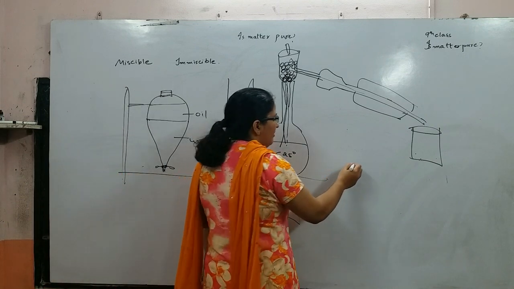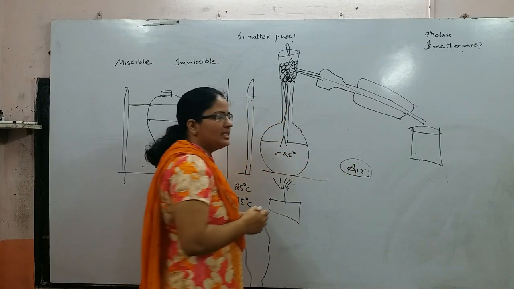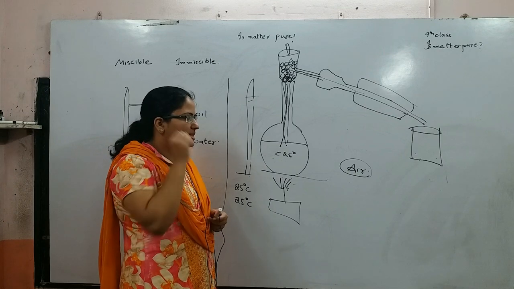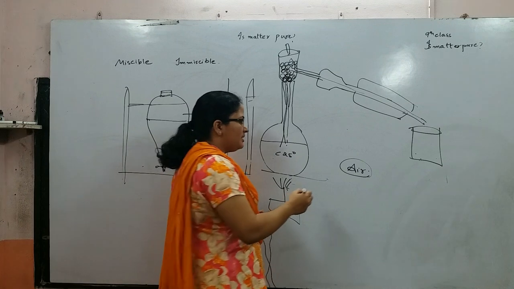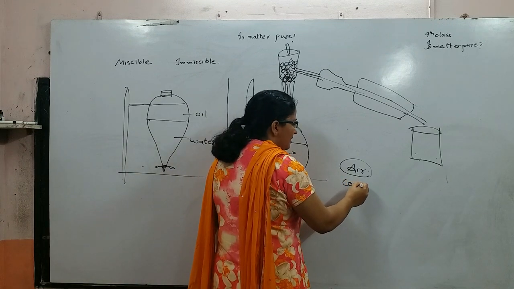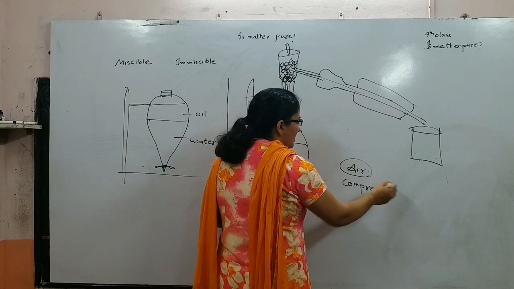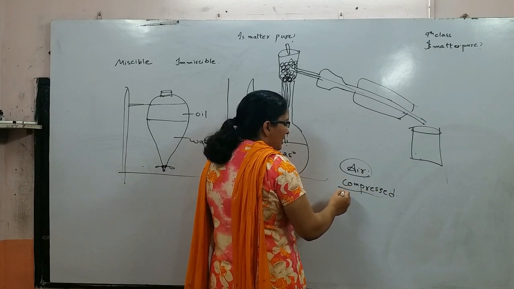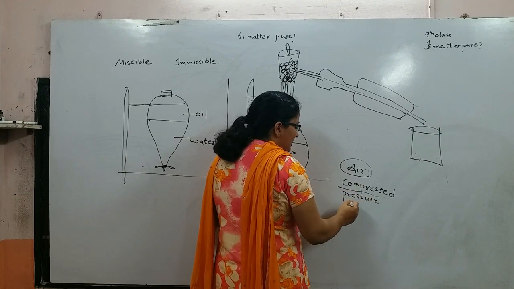Now similarly, we can separate different gases from air by using fractional distillation. First the air is compressed by increasing the pressure and decreasing the temperature.